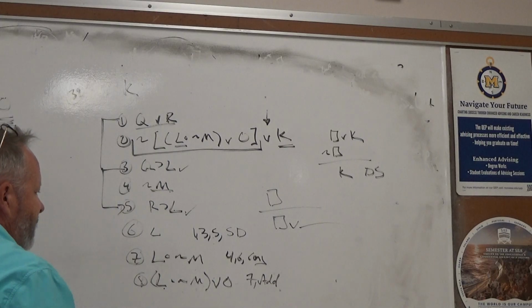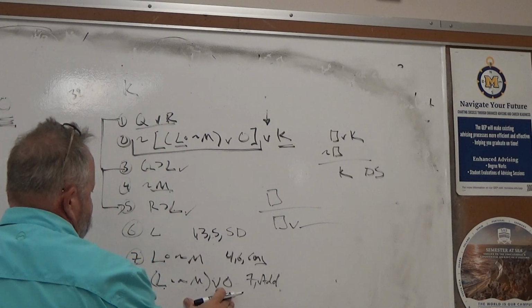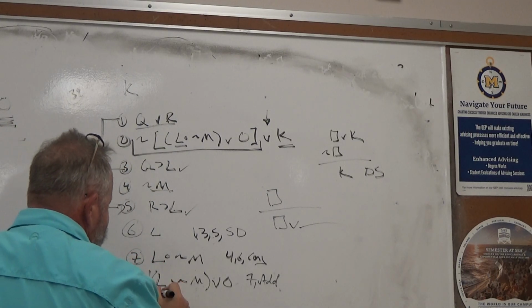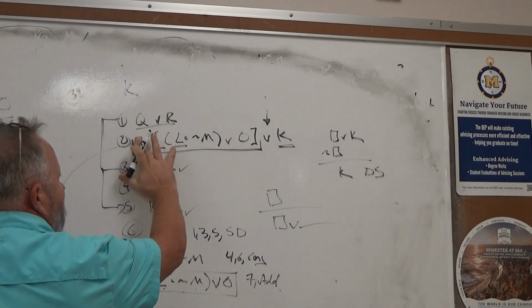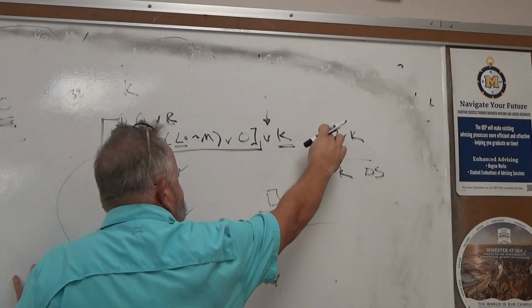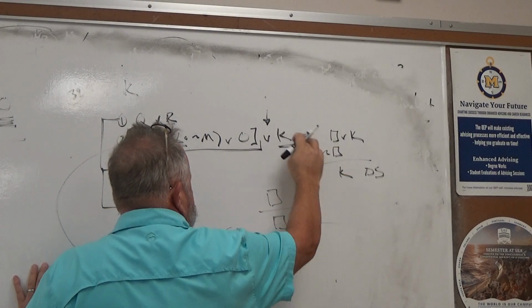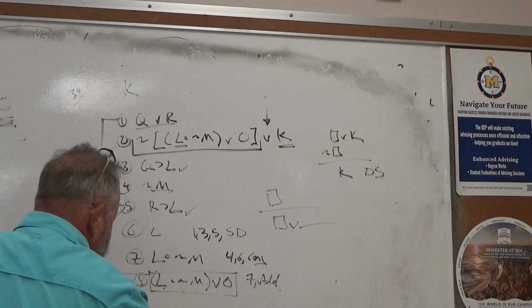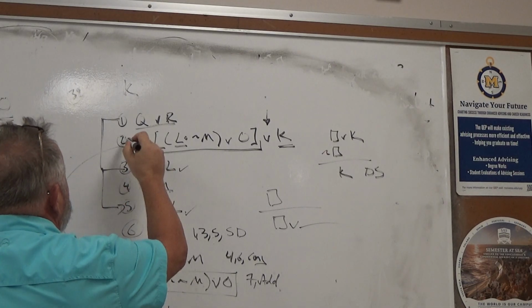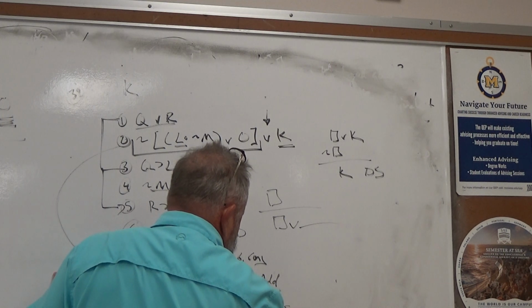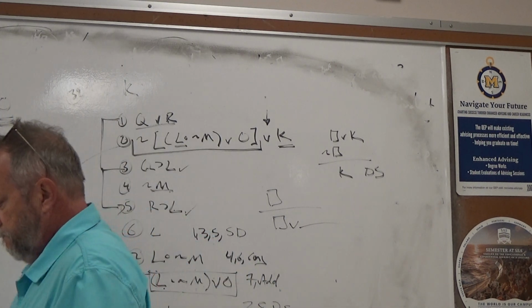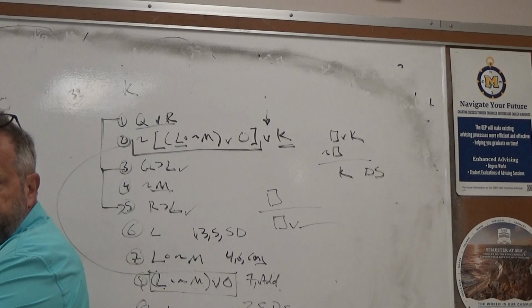So I added this on. Now this thing is the opposite of this, so I can do my disjunctive syllogism to get the K. So 9 is K from 2 and 8, disjunctive syllogism.